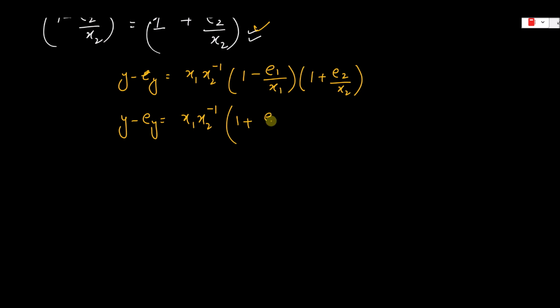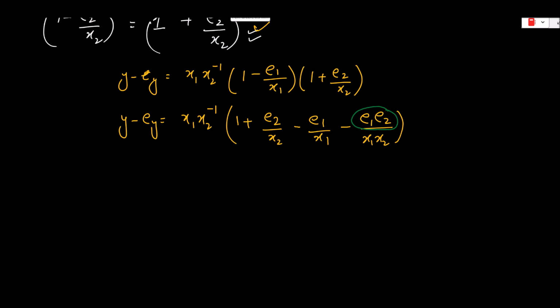so it should be 1 plus e1 by x, e2 by x2 and negative e1 over x1 and negative e1 e2 over x1 and x2. So again we are neglecting this term because both are errors multiplying each other and these are very small.